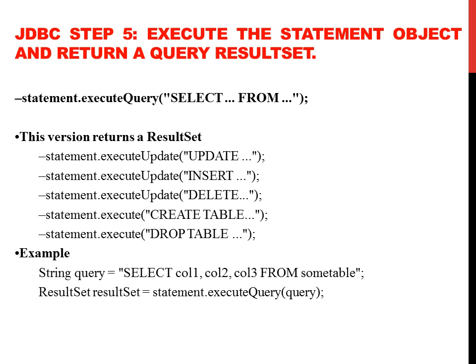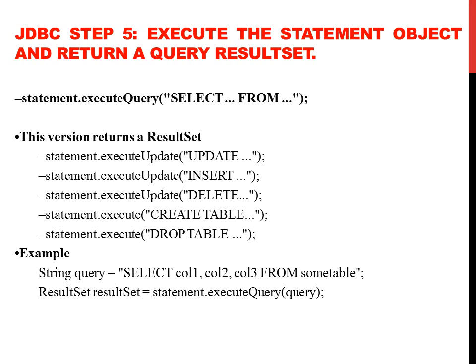I told you the statement object has several methods that help to execute a query. First method is executeQuery. Inside that you use a select statement. It will return a result set. Suppose you want to perform update or insert or delete, you have to use the executeUpdate method. If you want to create table or drop table, you have to use just the execute method.